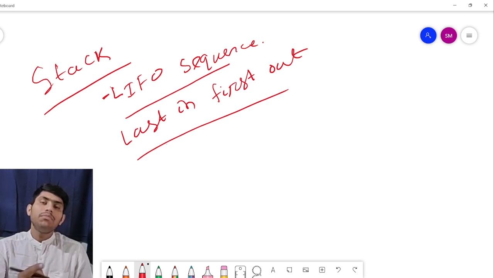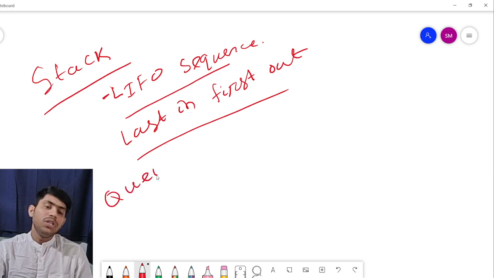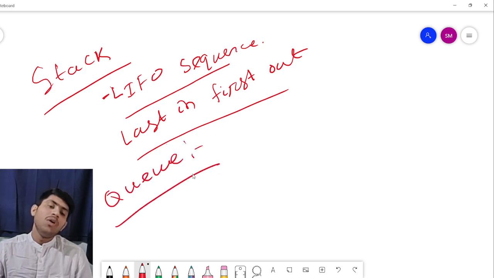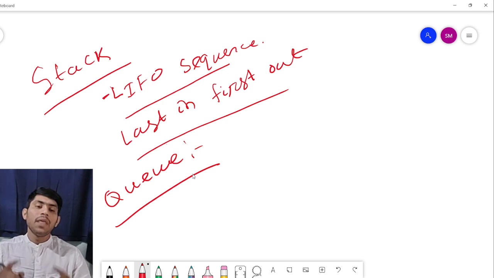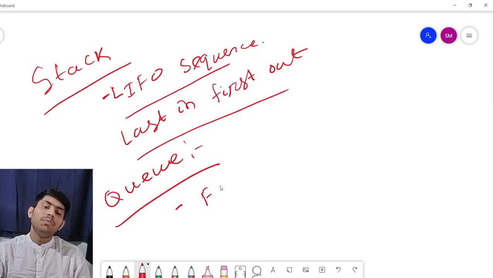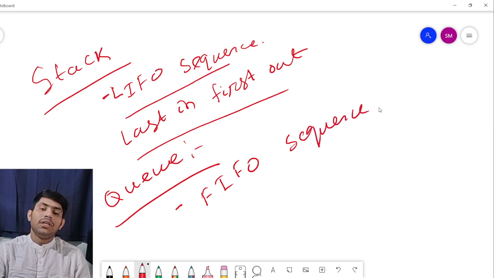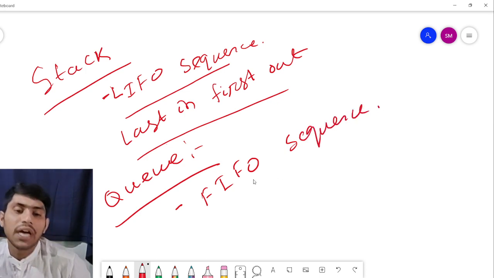Then we will have a one-minute discussion about the queue. Then we'll go for the stack implementation, how it will be implemented. The queue is also a linear data structure. It follows the FIFO sequence, first in, first out.